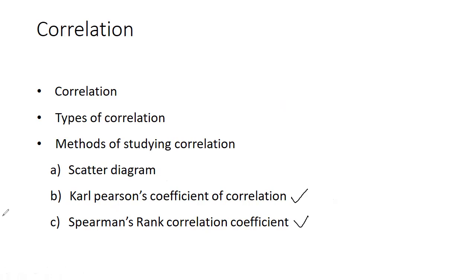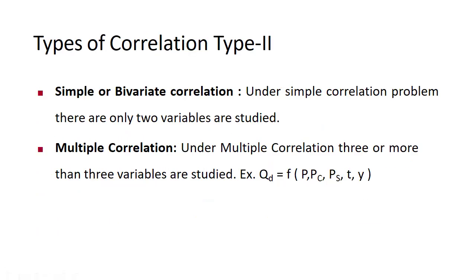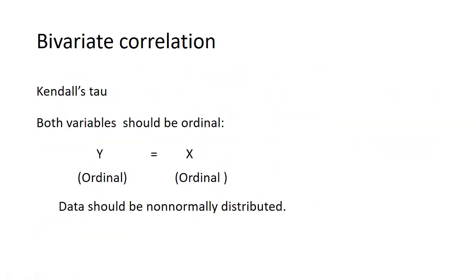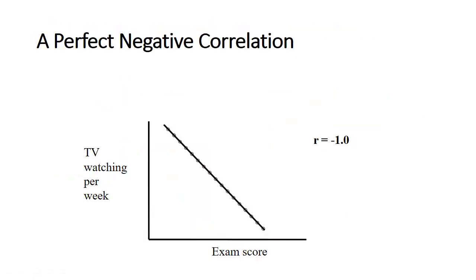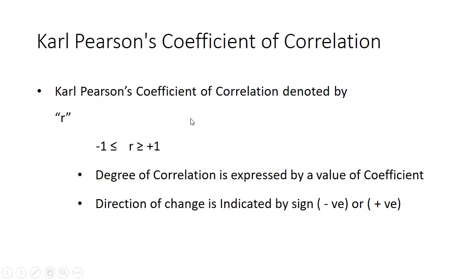In the Pearson coefficient of correlation, both the variables should be metric data. Metric means the data should be normally distributed, and the data should be interval or ratio scale data. Is it clear?